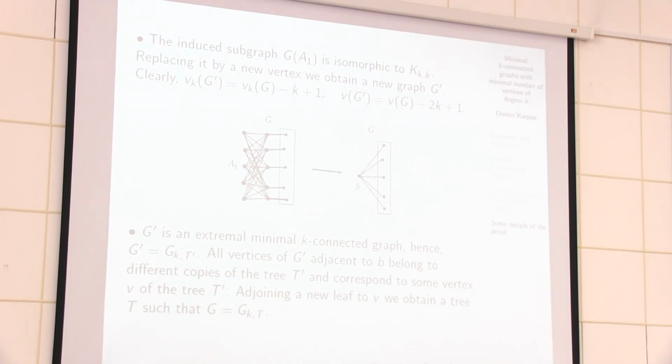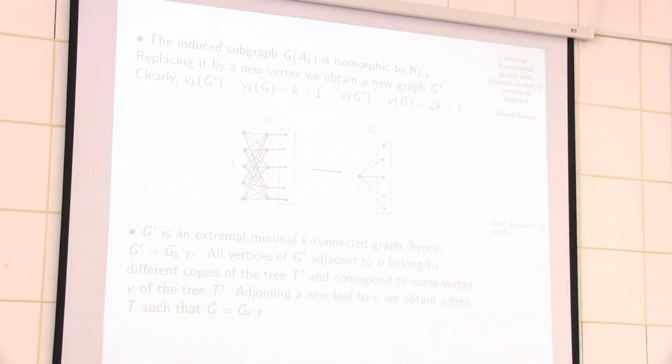For this graph, everything is true. And then this graph is a graph G_{k,T} for a tree T, which can be obtained from this tree by adjoining new pendant vertices.